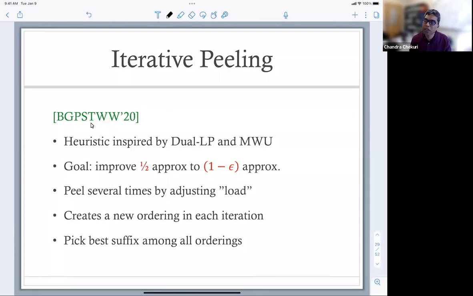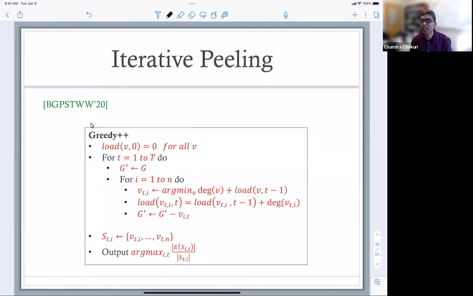They said, half is good, but it would be nice if we could come up with an algorithm which had some improved approximation, but we want it to be simple and efficient. So they are trying to go from half to 1 minus epsilon, and do it in a way so that the algorithm is still efficient and simple. And they came up with this heuristic. The heuristic has some motivation, but they couldn't analyze it so carefully. So they call it greedy plus plus.